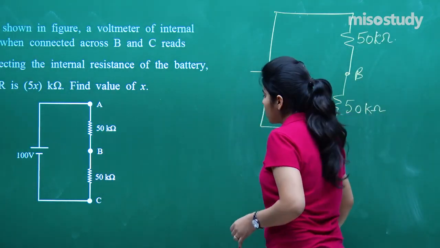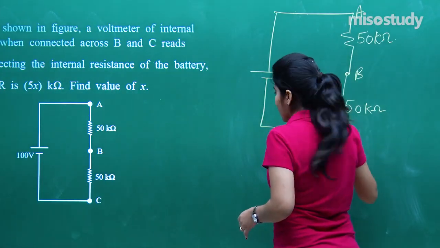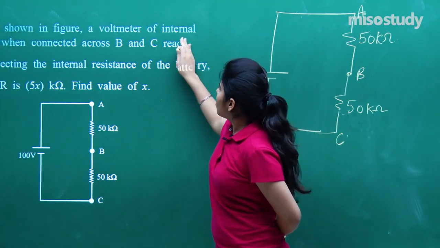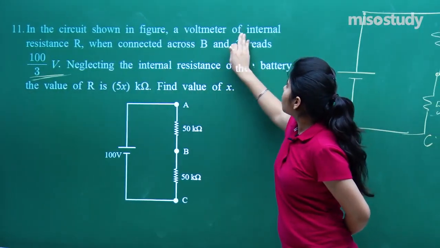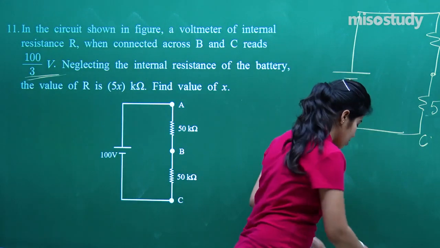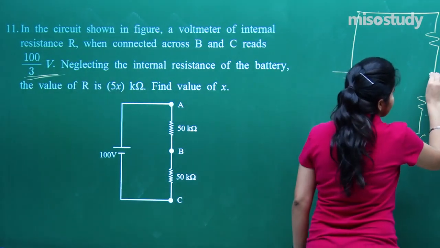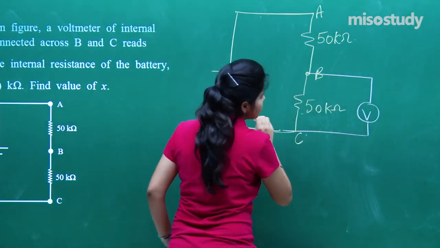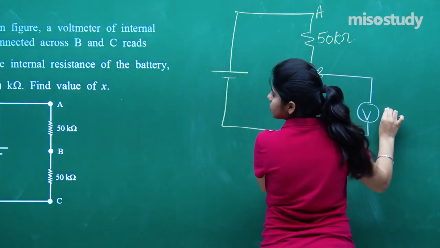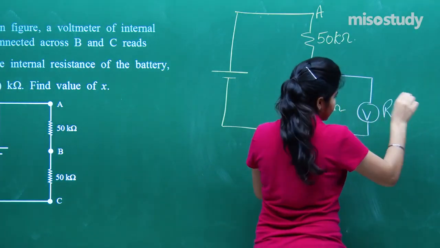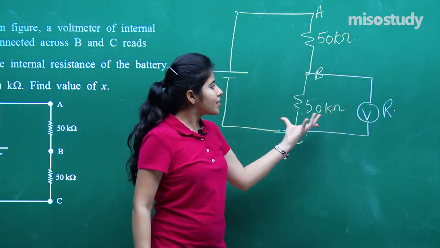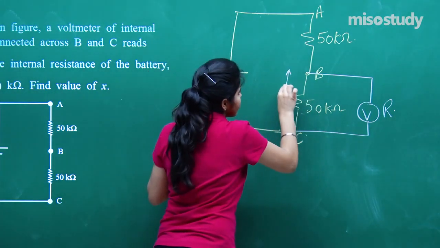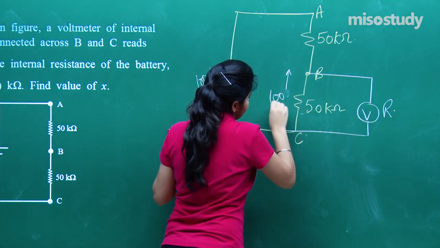Now, this is A, this is B and this is C. In the question they are saying that a voltmeter of internal resistance R, let me just mark over here, is connected across B and C. This is a voltmeter, connected across B and C, and its internal resistance is R, right. So when it is connected, this is 100 volt and they are giving the reading of 100 by 3 volt.